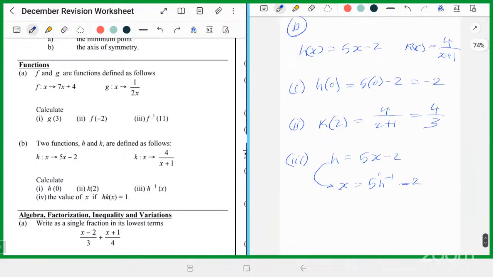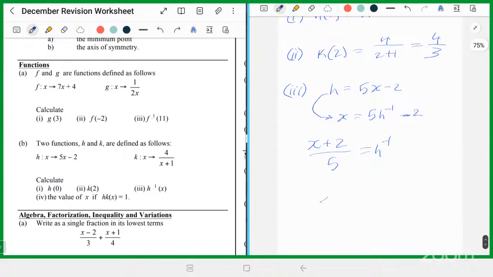We're trying to make this thing here the subject. Transpose the 2 first and get x plus 2. We take this 5 as is multiplying and divide it under here. That leaves h to the minus 1 of x. So that is, h to the minus 1 of x is x plus 2 over 5.